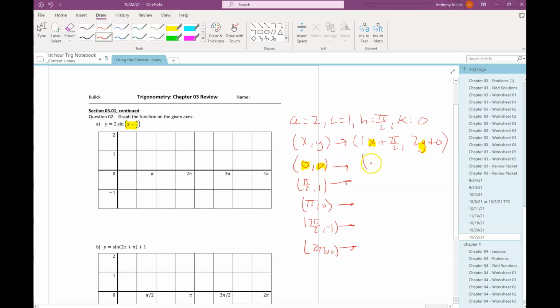When we do that, we get pi over 2, 0, pi and 2, 3 pi over 2 and 0, 2 pi and negative 2, and 5 pi over 2, 0.